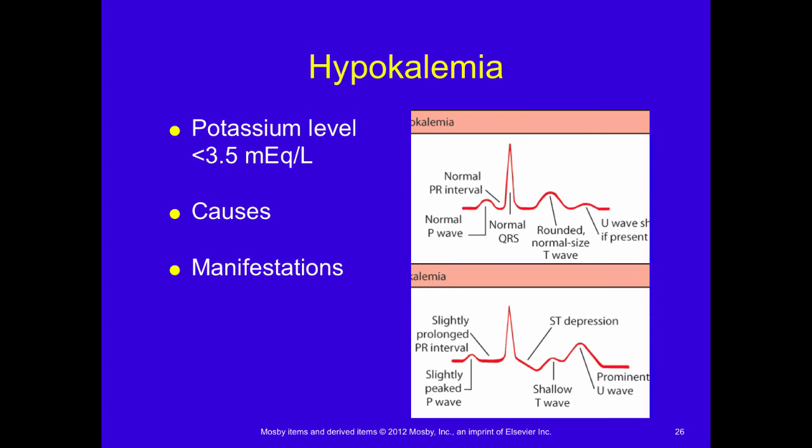We can see it in the elderly, certainly, from dietary reasons sometimes. But one of the major reasons would be alcoholism, okay? If someone is drinking a lot of alcohol all the time, they tend to replace food and calories with alcohol. So that's one reason we could see it dietary. Anorexia is a cause of hypokalemia.